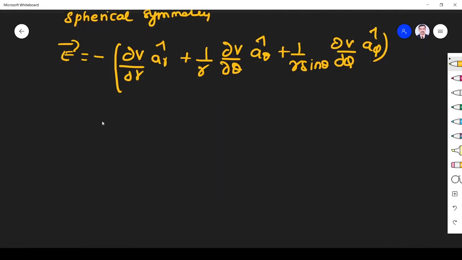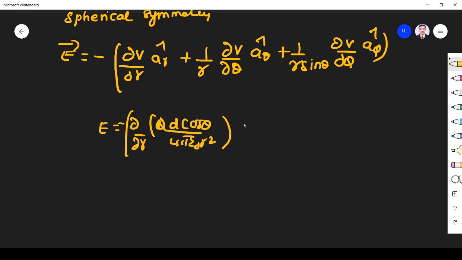Now we substitute V. E is equal to minus dou by dou R of V, where V is equal to QD cos theta by 4 pi epsilon naught R square, AR cap, plus 1 by R dou V by dou theta.